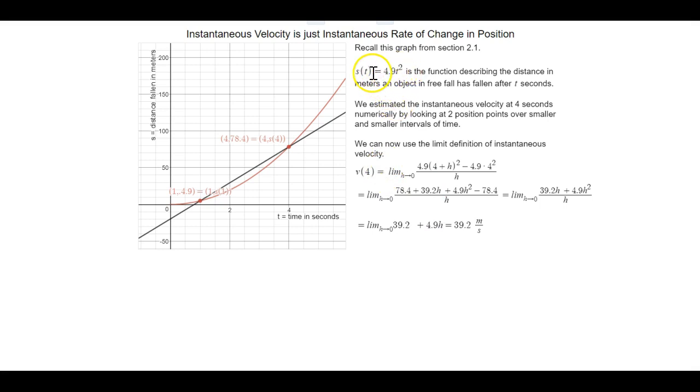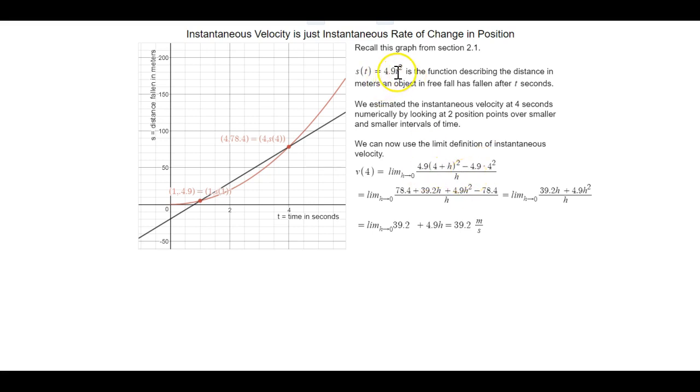This is a function that describes an object in free fall after t seconds. And before we estimated it numerically, and we guessed that at 4 seconds the velocity was going to be 39.2 meters per second. And now we can verify that with this limit definition of instantaneous velocity.